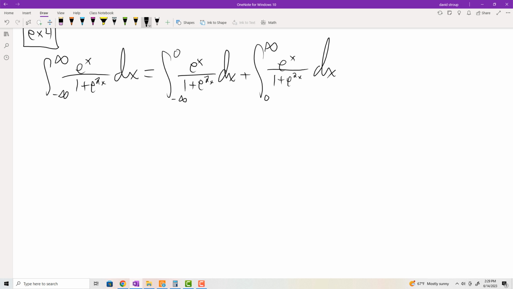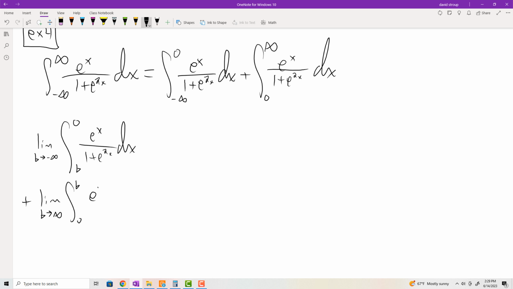So that first integral, I'm looking at a limit as b goes to negative infinity, going from b to 0 of e to the x all over 1 plus e to the 2x dx. And then I'm going to add that to the other integral, where I'm taking a limit in a different direction, so that would be positive infinity, going from 0 to b of e to the x all over 1 plus e to the 2x dx.